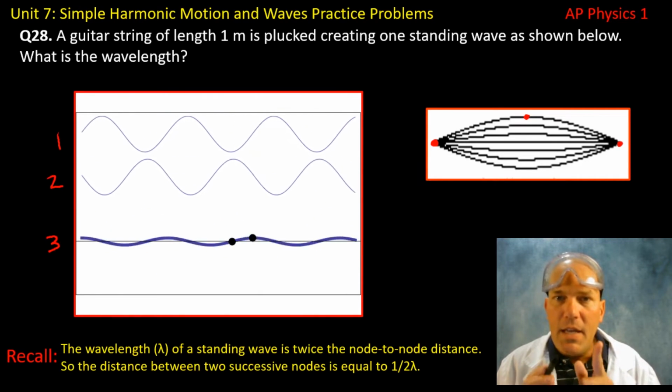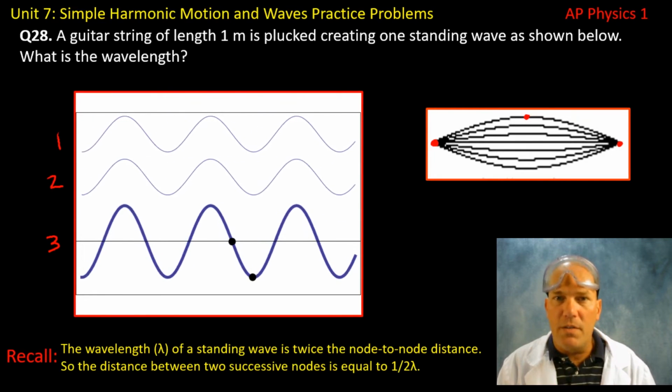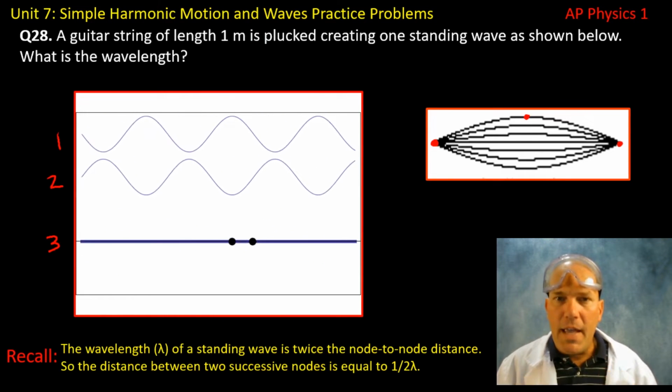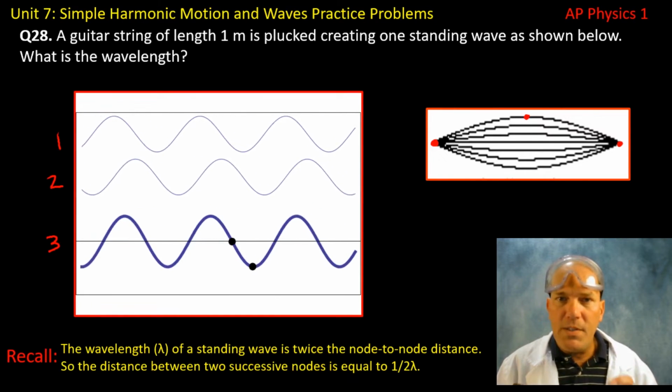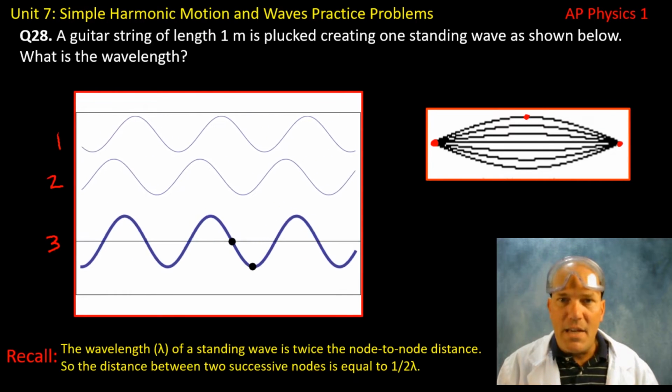And again, a node is an area of maximum, complete destructive interference, and at a node, there is no displacement for a point on the medium.